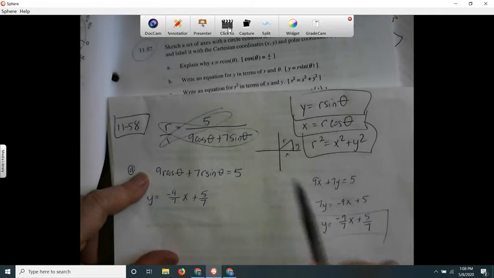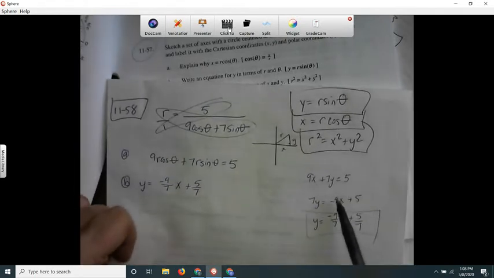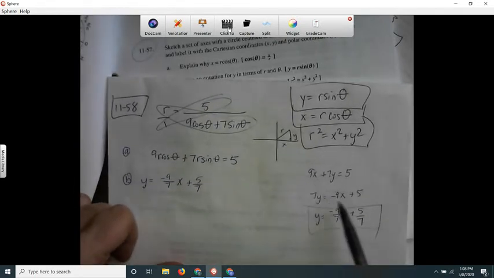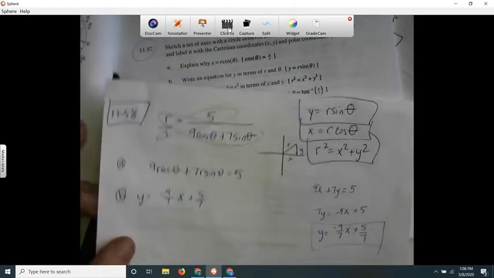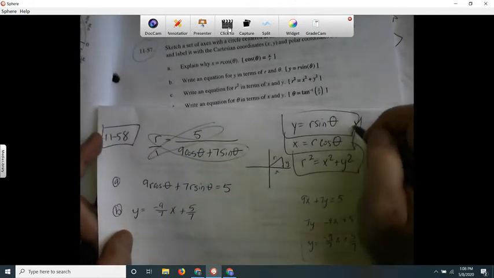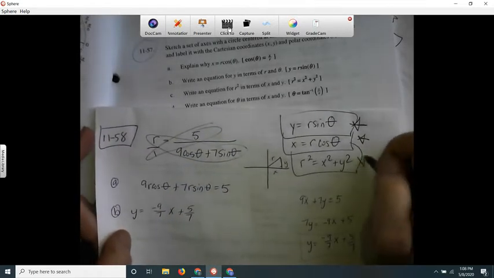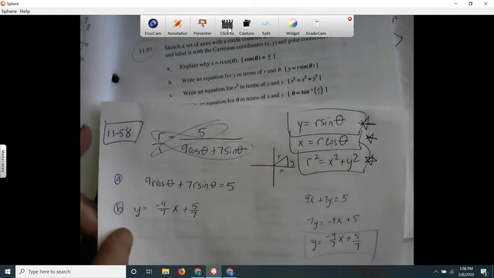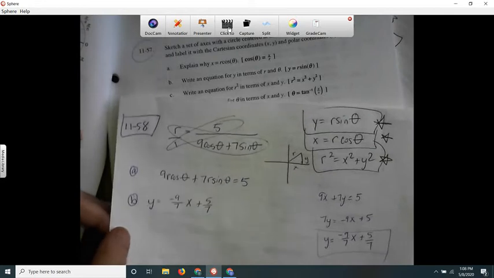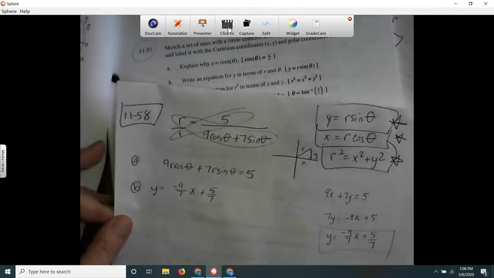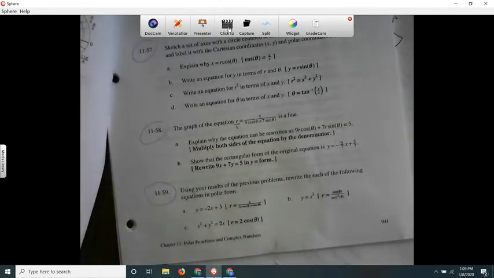And then if I just go ahead and solve this for y by subtracting 9x on both sides and dividing everything by 7, then it's just a little bit of algebra that you can use. So you're using these 3 facts here when you're converting back and forth from polar to rectangular or rectangular to polar. So now we're on 11.5.9.